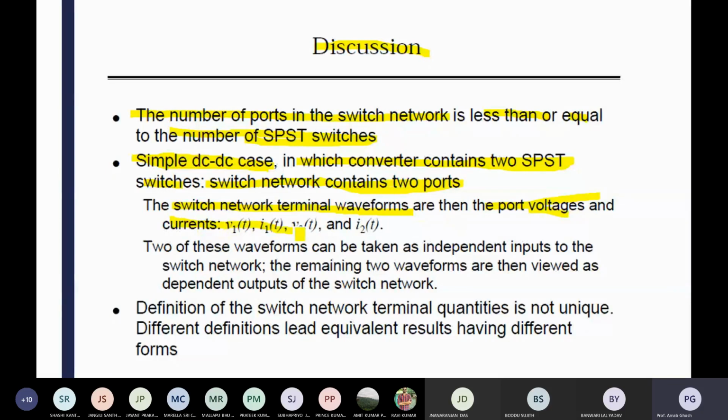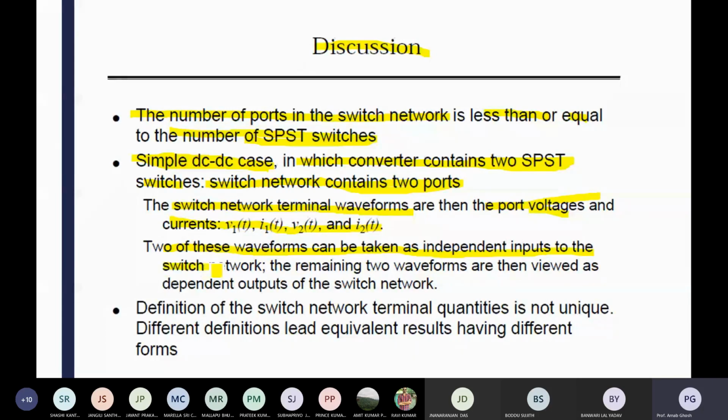The remaining two waveforms are then viewed as dependent outputs of the switch network. Which ones are independent sources and which are dependent sources comes directly from the calculation. There are no complexities; you already did this in previous sections with KVL and KCL.